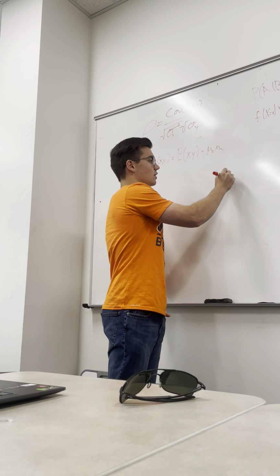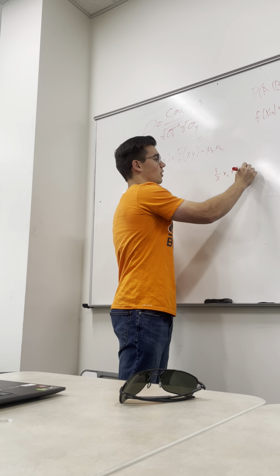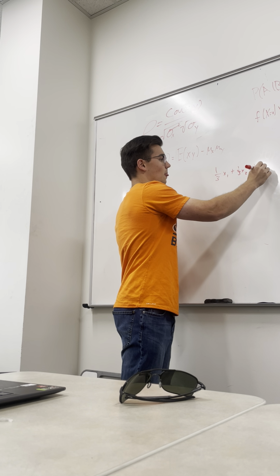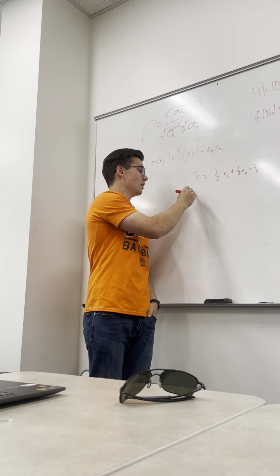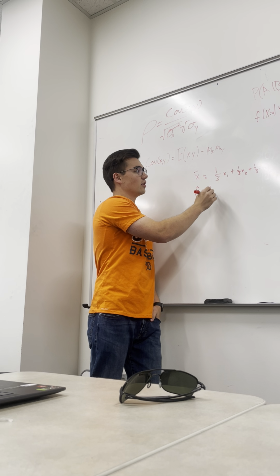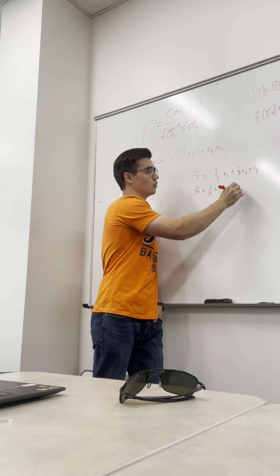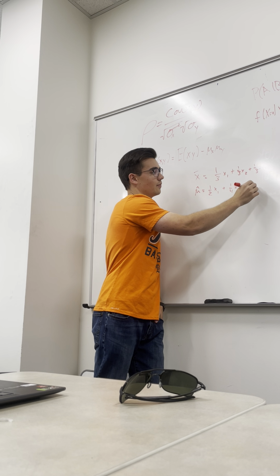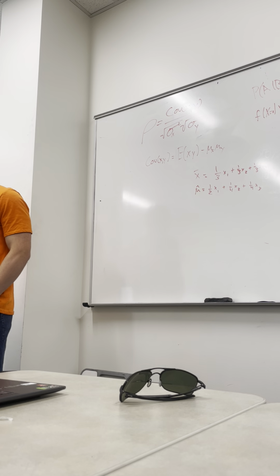It said it was equal to 1/3 x1 plus 1/3 x2 plus 1/3 x3. And then it gave you another estimator, I think called mu hat, that was 1/2 x1 plus 1/4 x2 plus 1/4 x3, and it asked you to compare the two.